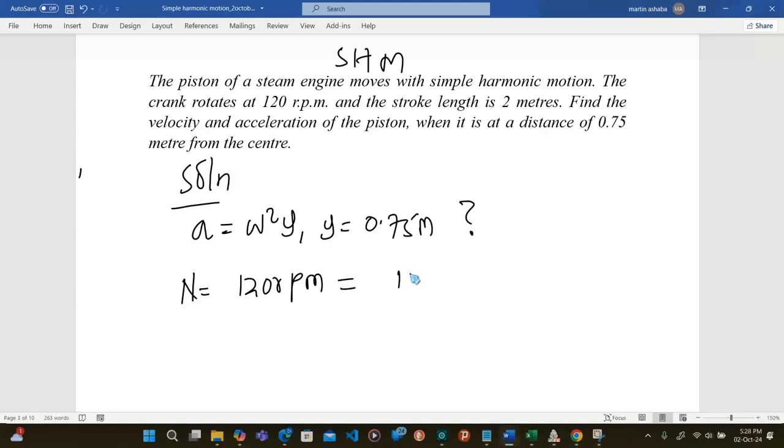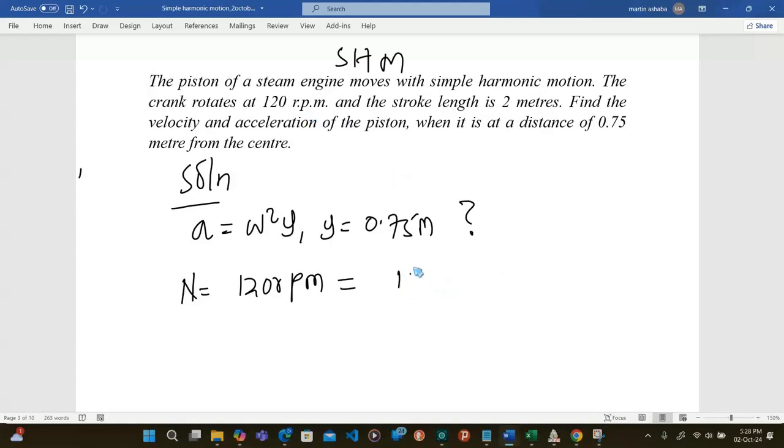First of all, we know that in one revolution we have 2 pi radians. What about 120 revolutions per minute?